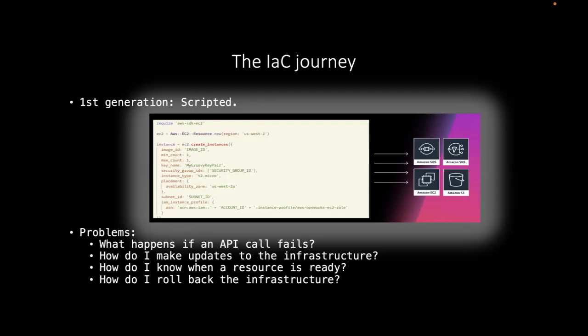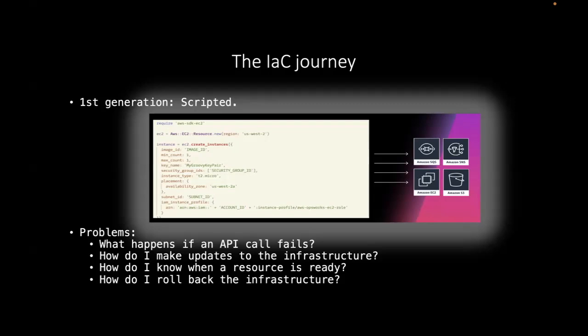That now means that some part of your infrastructure has not been created, and maybe even your Python script crashes. So some of your infrastructure has been created and some of it hasn't. So you've got to manually go back and remove all the infrastructure that has been created, fix your Python script and run it again. And we're back to the manual part that we don't like.